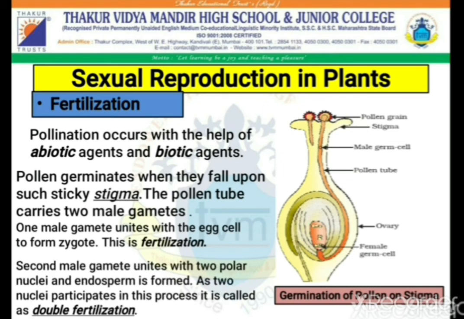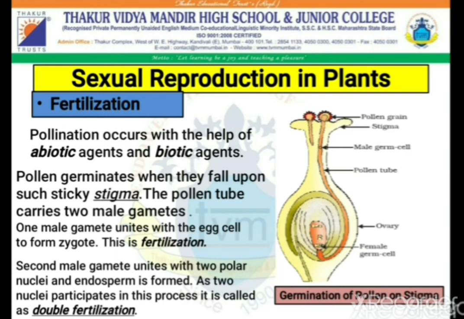Now the second male gamete, because as discussed earlier, two male gametes are entering inside. Now the second male gamete unites with the two polar nuclei and an endosperm is formed. And as two nuclei participate in this process, it is called double fertilization.